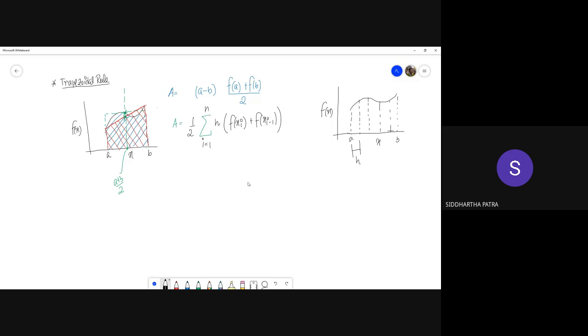Again, xi is xi minus 1 plus h, and x0 is a, and xn is b. If I now substitute for xi and xi minus 1, this is the expression that I would get for the approximate area under the curve. Actually, you can bring h outside of the summation also.